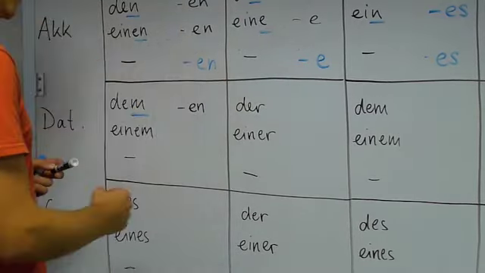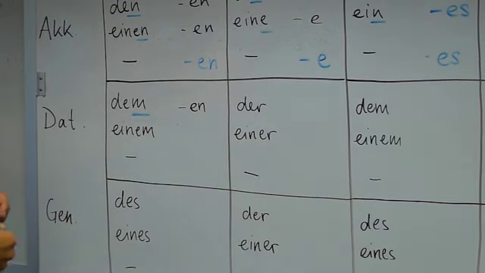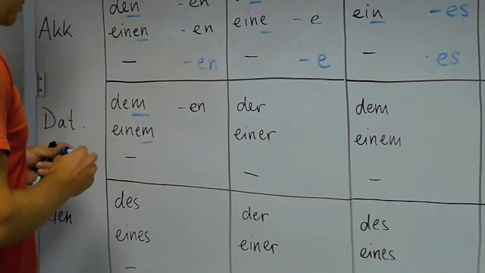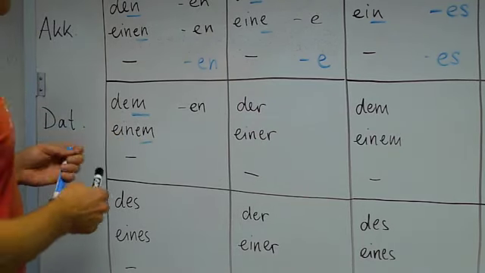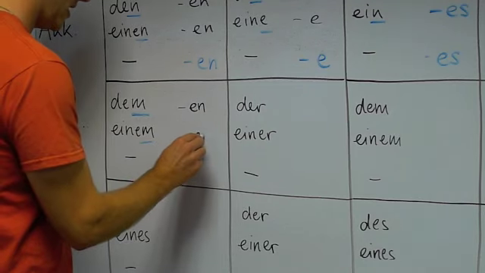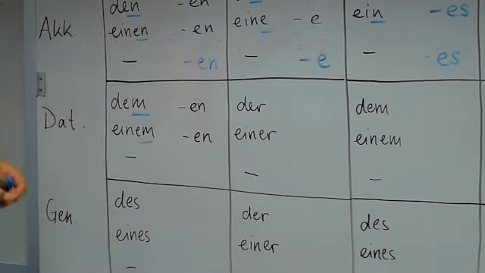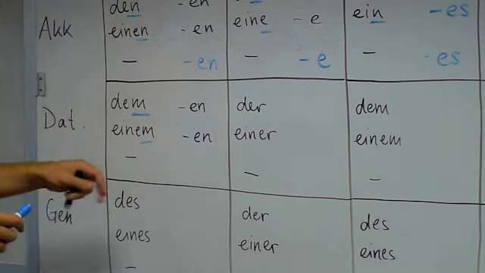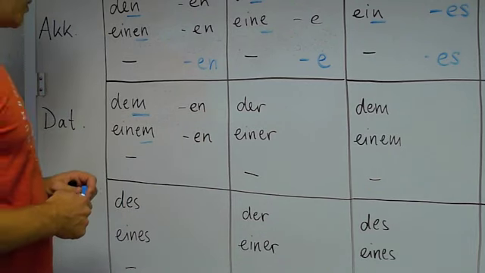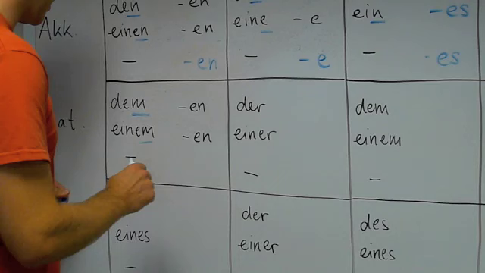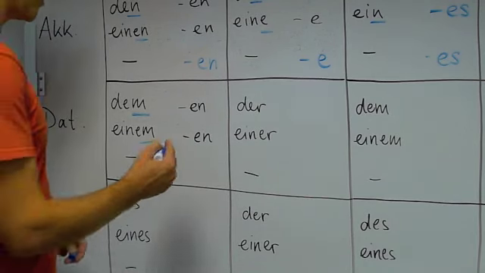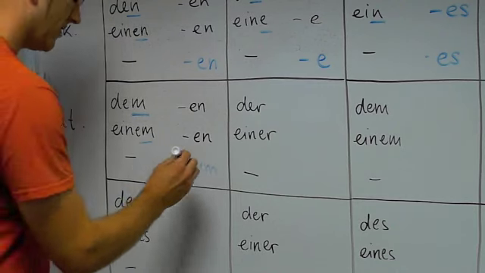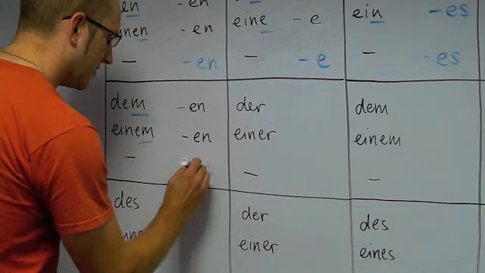From here on out, the weak endings are all going to be en. If we have einem, the indefinite article, obviously the strong ending is already there, and we're going to take another weak en. At this point, it should be clicking if you're following along, and you'll definitely know what's to be expected here. We don't have a strong ending in dative masculine without an article, so we take the strong ending em in the adjective itself.